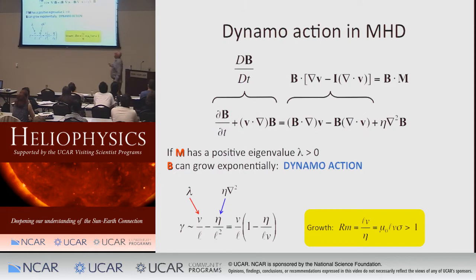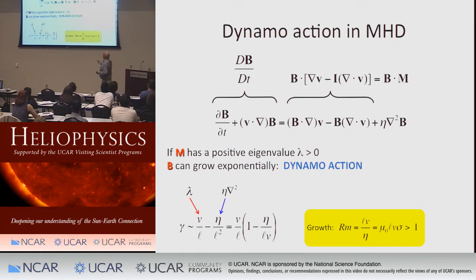And here's the magic part. This piece here that came out of the vector calculus is really just the time derivative of the magnetic field. If I'm flowing along with the fluid, I see the magnetic field changing. The left-hand side is just that term. How does the magnetic field change in time?